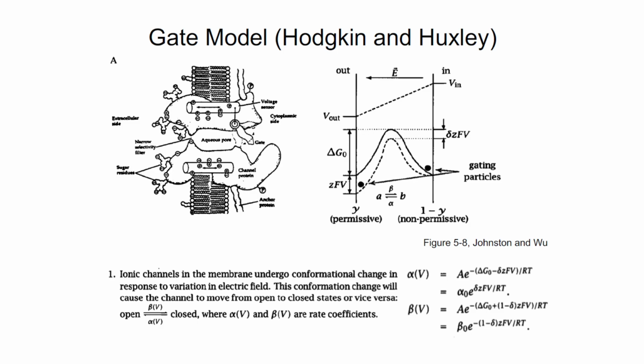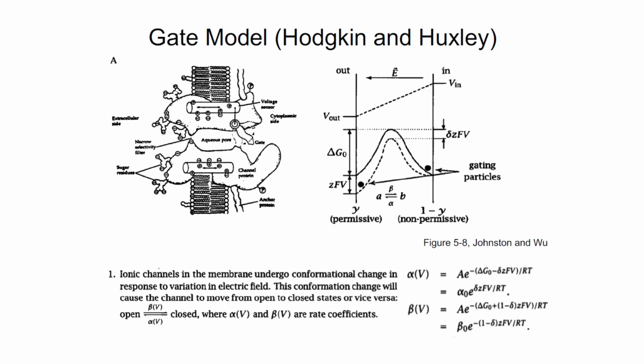These ionic channels in the membrane undergo conformation changes in response to radiation and electric field, and these conformation changes cause the channel to move from open to closed states and vice versa. If you look at this diagram, y is your permissive state, and 1 minus y is your non-permissive state.